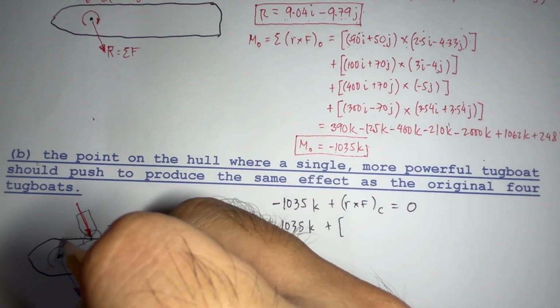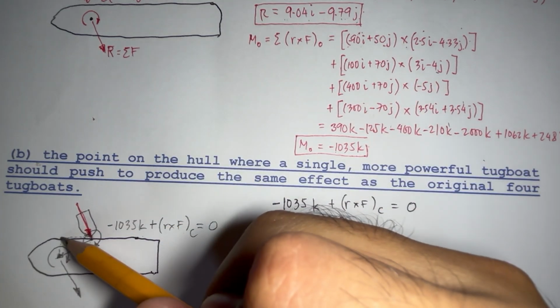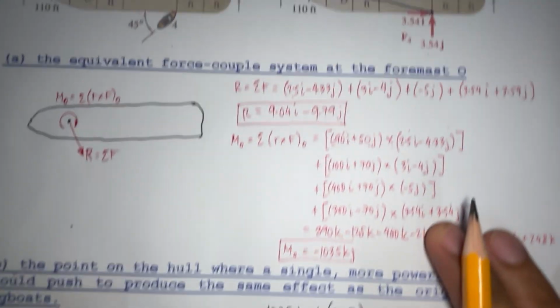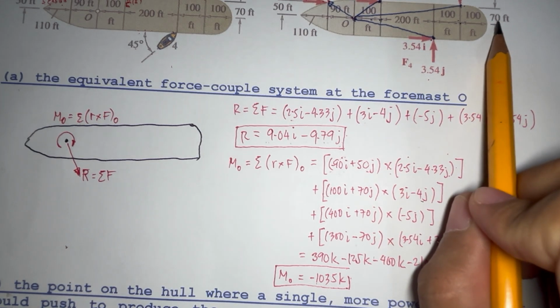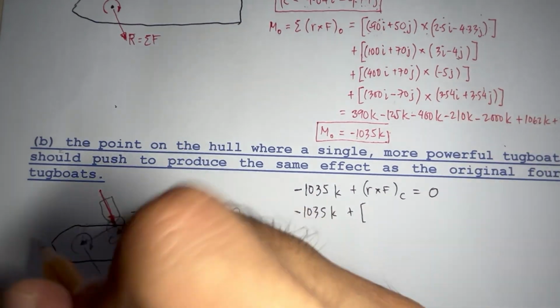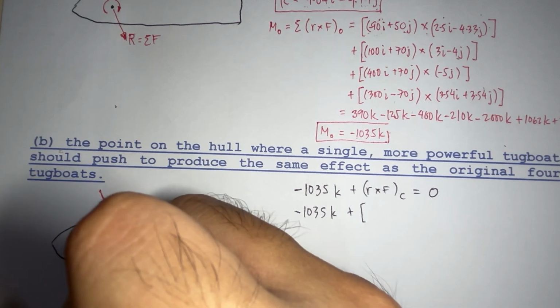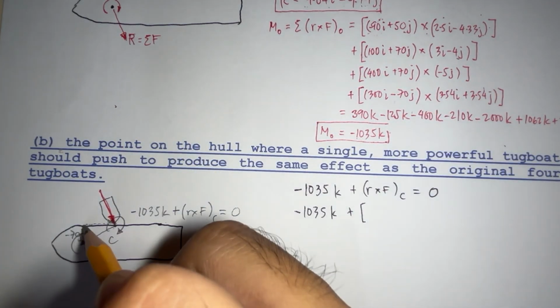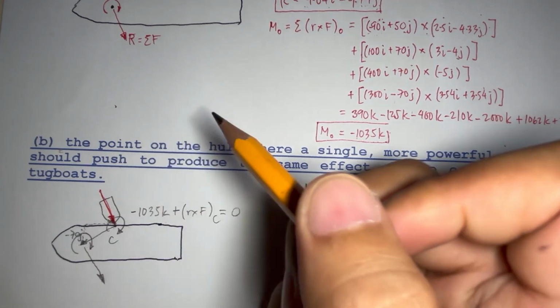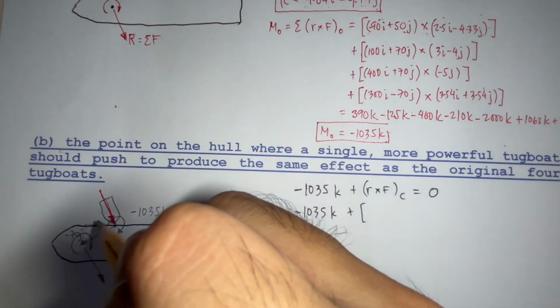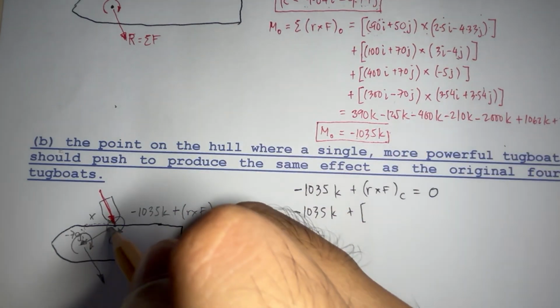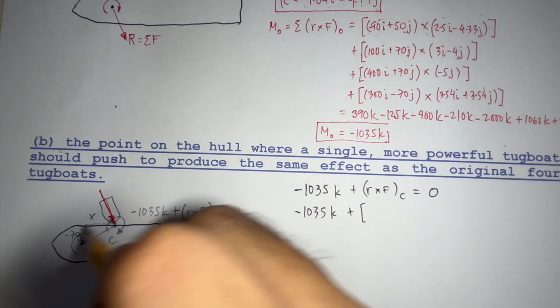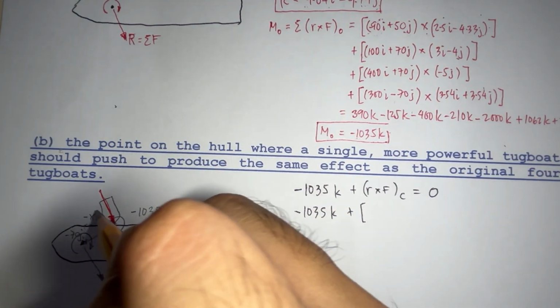We already know the distance going downwards is about 70 feet, so we have negative 70j. The distance from point C in this direction we don't know, so we denote that as x, and since it's going to the negative x-axis, we have negative xi.